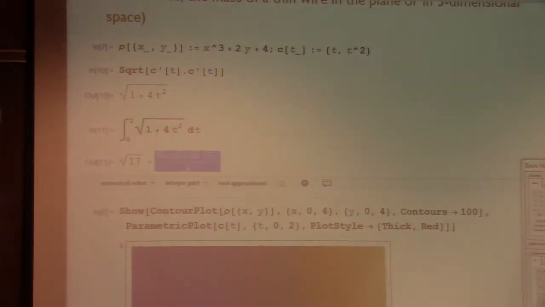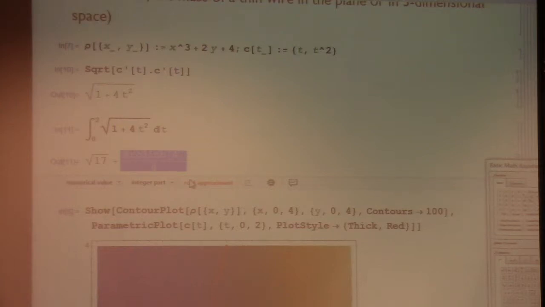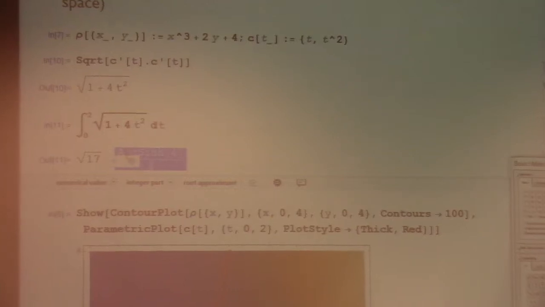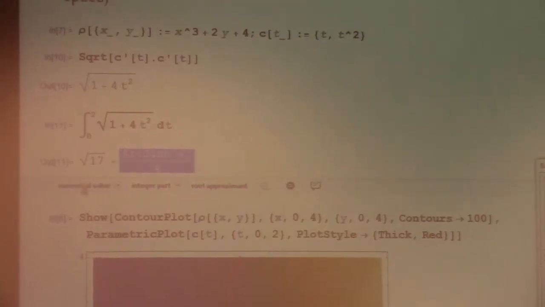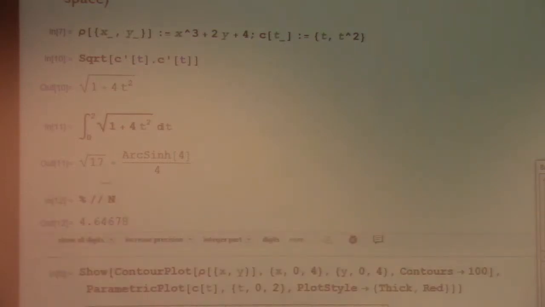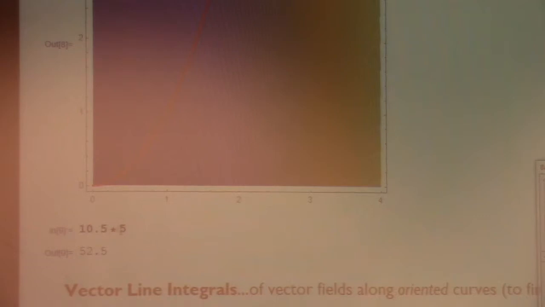Oh, yikes. Hyperbolic arc sine. You probably never dealt with hyperbolic arc sine before. Just like hyperbolic sines and cosines are essentially exponential functions, hyperbolic arc sines and arc cosines are actually related to logarithms. But anyway, that's a length of about 4.65, so I should have used 4.65 down here. I should have guessed better. So I'm guessing a mass of 48, 49 grams or so.